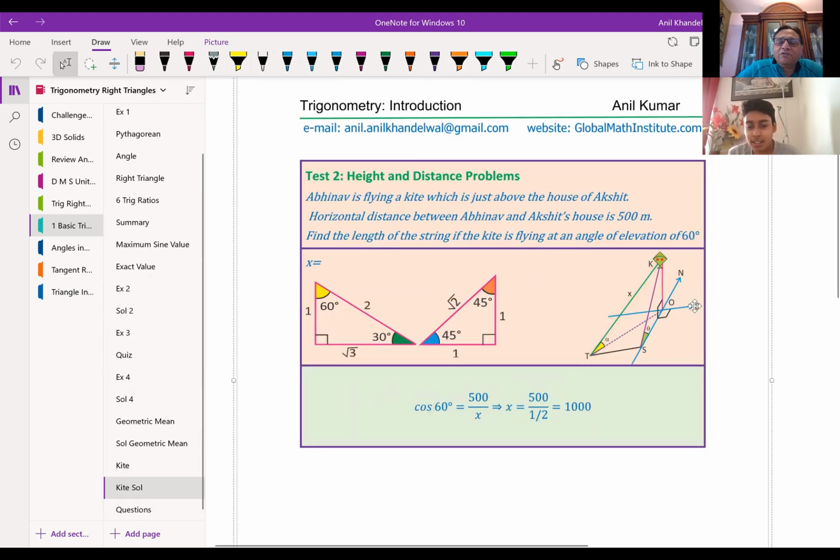Yeah. So here again, we have the simple calculation which I just did. At O, I'm showing the house of Akshat, above which this kite is there. And the angle here is 60 degrees, and we have to find x, the string length. We can use the cosine function because we know cos is the ratio of adjacent to hypotenuse, correct?